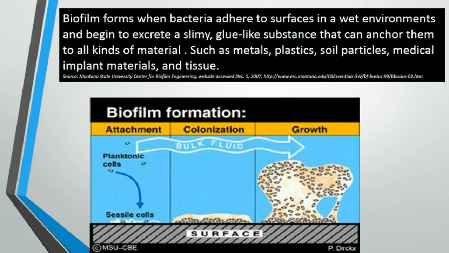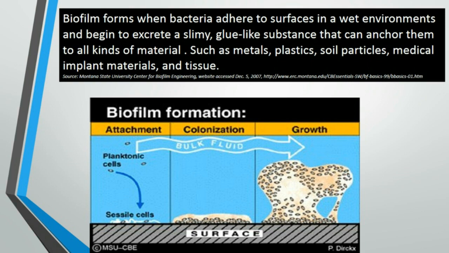Biofilm forms when bacteria adhere to a surface in a wet environment and begin to excrete a slimy, glue-like extracellular substance that can anchor them to all kinds of materials such as metal, plastics, soil particles, medical implant materials, and tissues. And it happens so quickly. They can start to form within minutes, and then they just proliferate as time goes on.